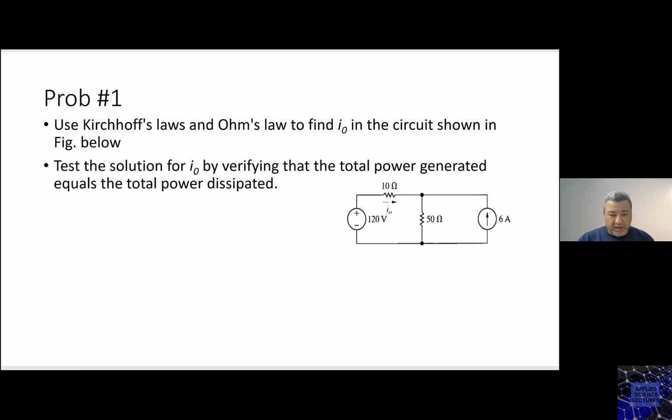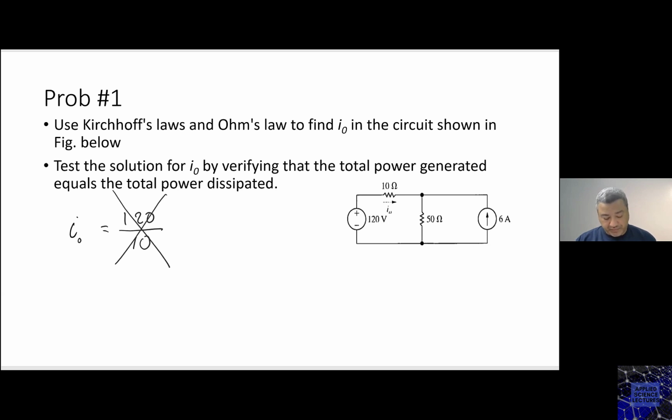They go, well, since I naught is connected in series here, then I naught is 120 divided by 10. This is not necessarily right. We may have some other circuits where this could be a special case, but in general, this is wrong. If you do this, it is a major mistake.